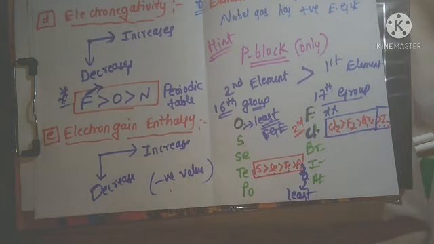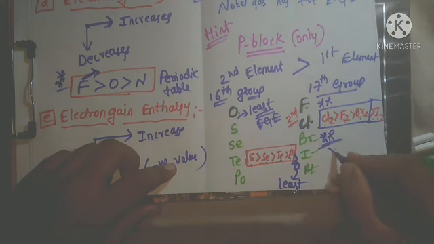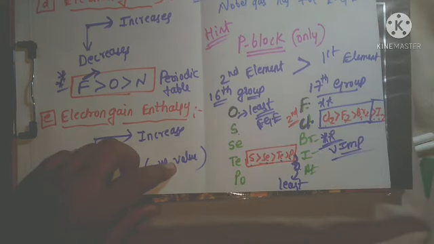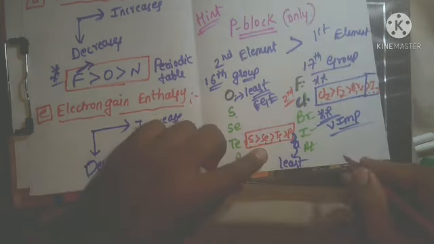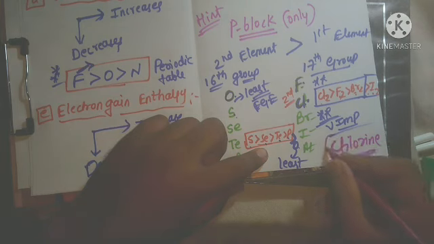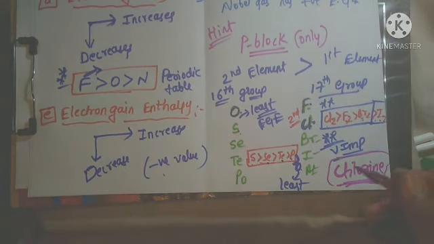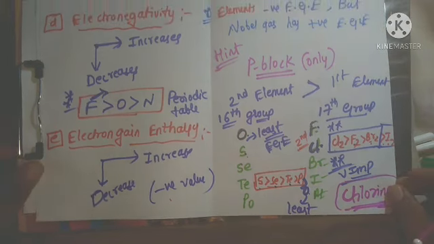This is the order. Next, a very important point I will write here, right? Chlorine is the element with the most electron gain enthalpy in the periodic table. Which element has very high electron gain enthalpy in the periodic table?